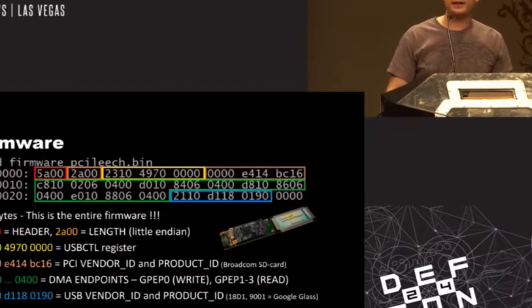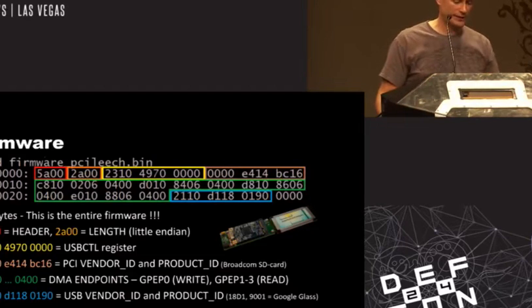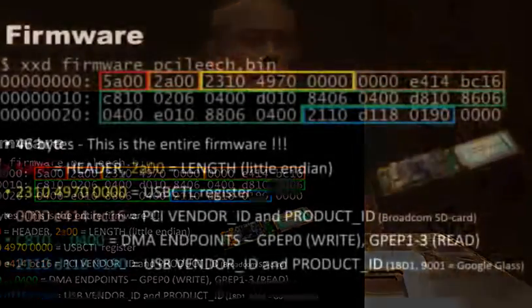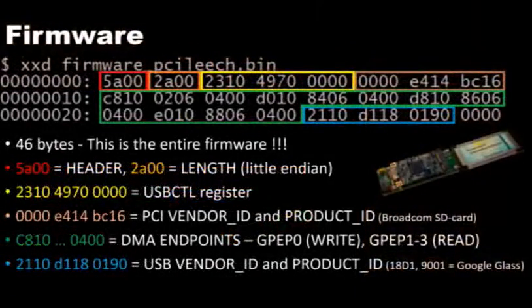Then we set the PCI Express vendor ID and product ID to a Broadcom SD card, and this is pretty much just a leftover from the slot screamer software I started to toy around with. And then, in green here, we enable the 4 DMA endpoints, which are capable of high-speed DMA transfers between USB 3 and PCI Express.